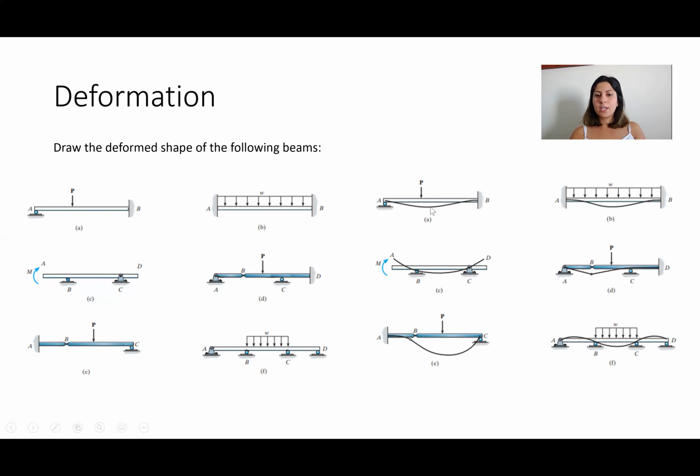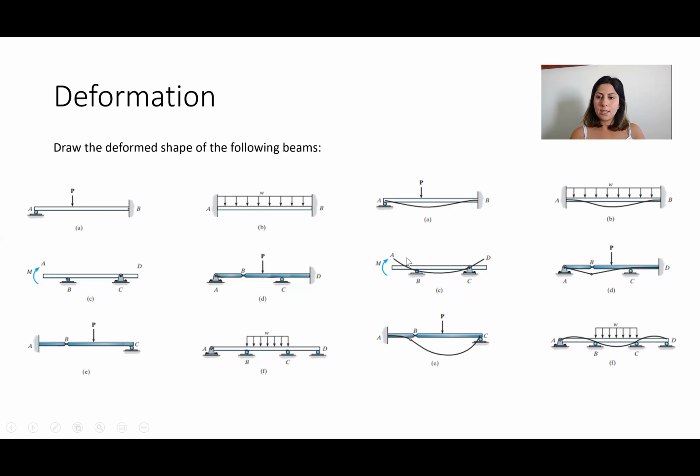Okay, here you can see in beam A, we have only one concentrated load applied to the beam. So common sense says that it deforms downward, and the curvature would be downward. There is 0 displacement here, and at B we have 0 displacement and 0 rotation.